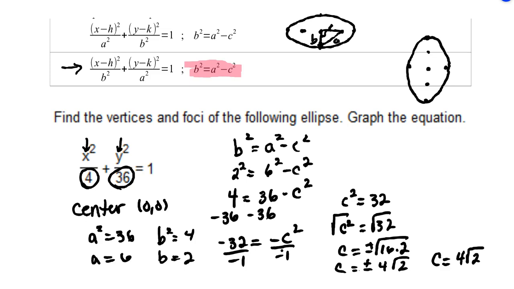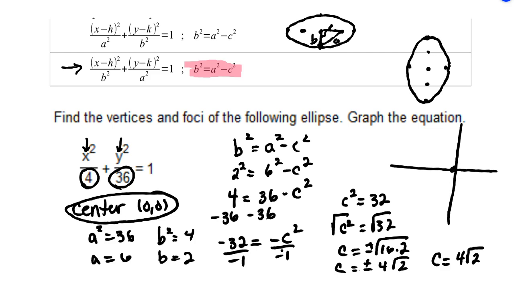Now that I know a, b, and c, I should be able to find the vertices. So moving from the center, I like to do it with a picture. From the center, your vertices will be up 6, going up because of the vertical orientation, and up 6 because a is 6.